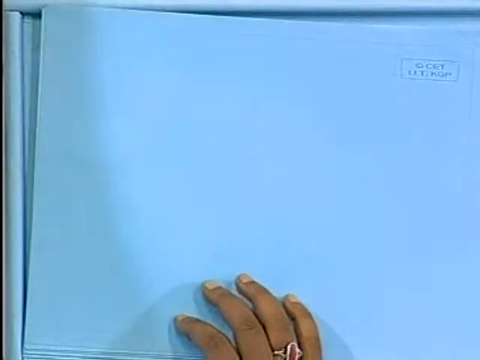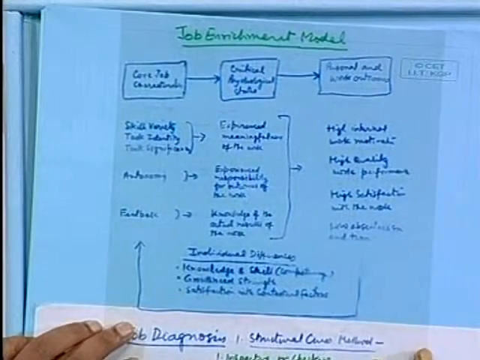Now, the next approach is job enrichment. Job enrichment, basically you try to enrich the job in terms of its content. Now, if you remember, there is one model which is known as the job enrichment model.